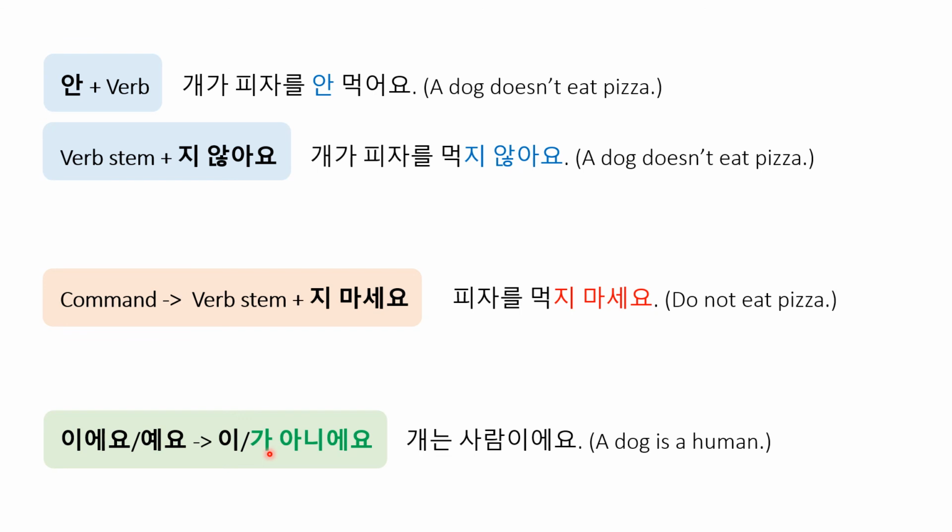After a vowel, use 가 아니에요. 사람 ends with a consonant 미음. So, use 이 아니에요. 개는 사람이 아니에요. A dog is not a human.